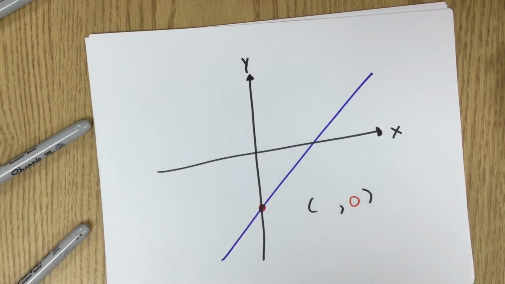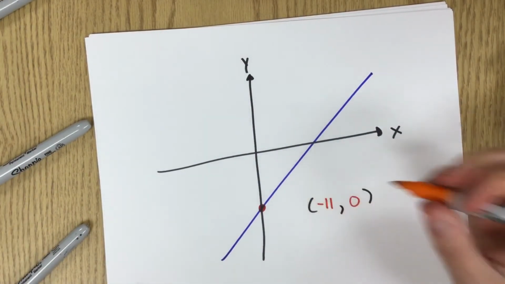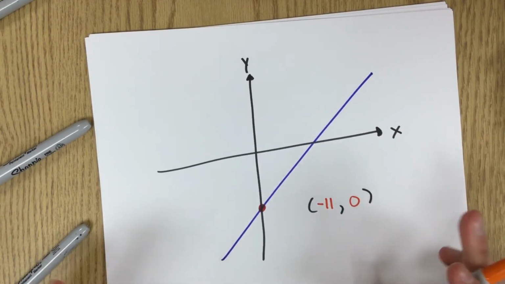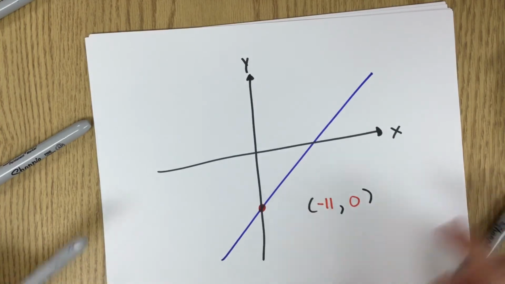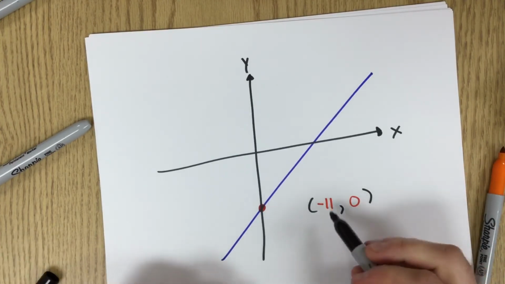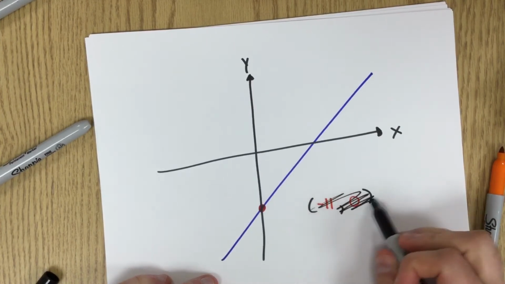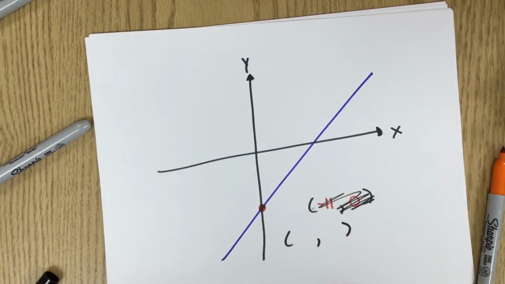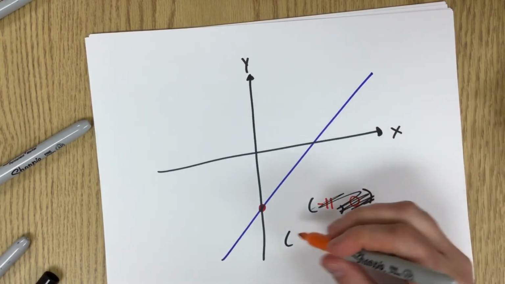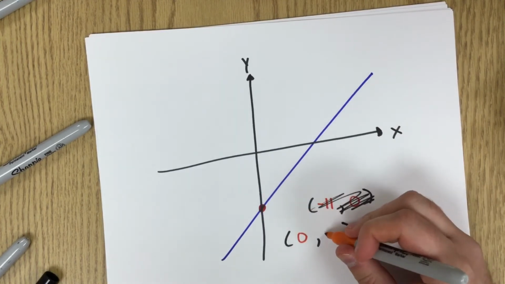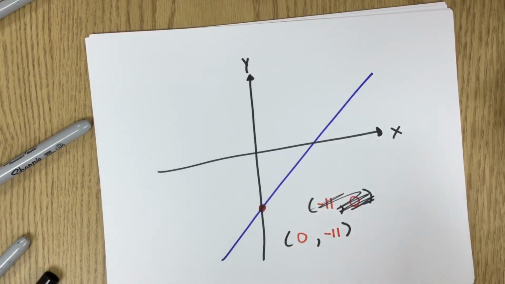Now in this case, the y is negative, so maybe it's negative 11 or something. So I screwed that up. Why did I screw that up? Because I said the x is 0, but I wrote it in the wrong spot. So what I actually should have said was, the x is 0, and then the y is negative 11.